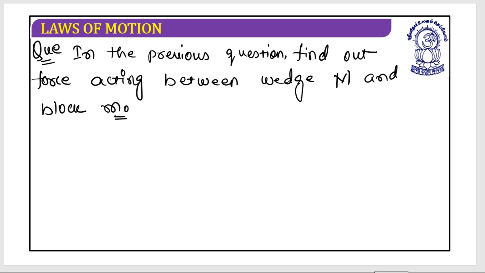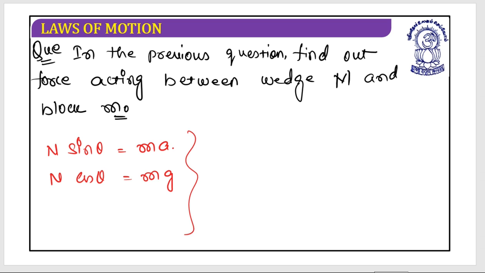Yes, so the situation was, we used to have this as the relation, that n sin theta equals ma, and n cos theta equals mg.